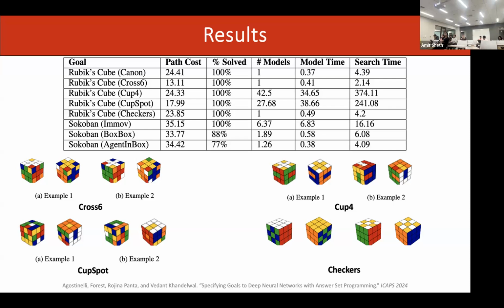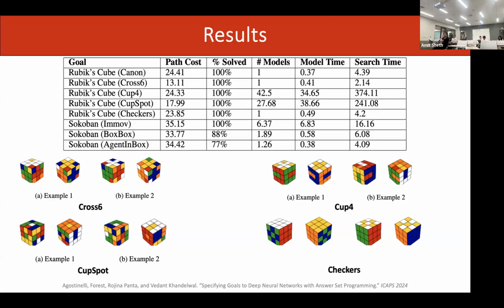The reason is that 6 crosses represents a larger set of states. So we can see that this is learning not just to find a path to a state, but to find a path to the closest state in that set of goal states. If I specify something more general, I should get a cheaper path, or at least as good as a more specific one. So this shows I can get cheaper path costs by specifying things that are more general.